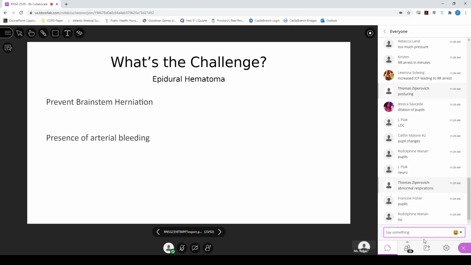Abnormal respirations, and they can also have hemiparalysis, which is paralysis on one side. Also, the presence of arterial bleeding is a problem with the epidural hematoma, and neurosurgery needs to be consulted to decide if they need evacuation and repair to prevent the herniation.